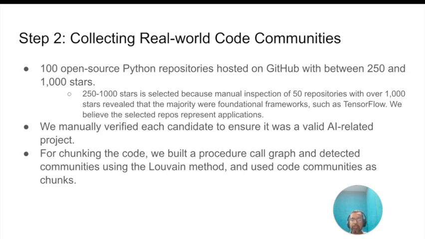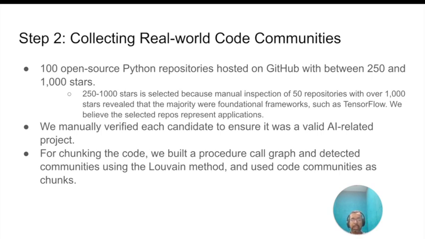But finally what worked was building a call graph for that repository and using a community detection algorithm, think of it as a clustering algorithm, to detect the code communities. These are sets of functions that are closely related to each other. And that actually gave a good basis for detecting patterns, as you will see in the results.